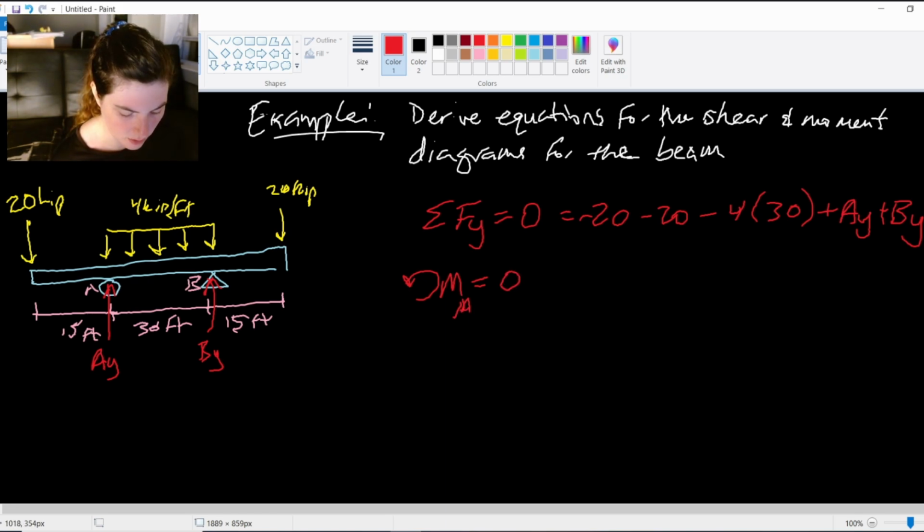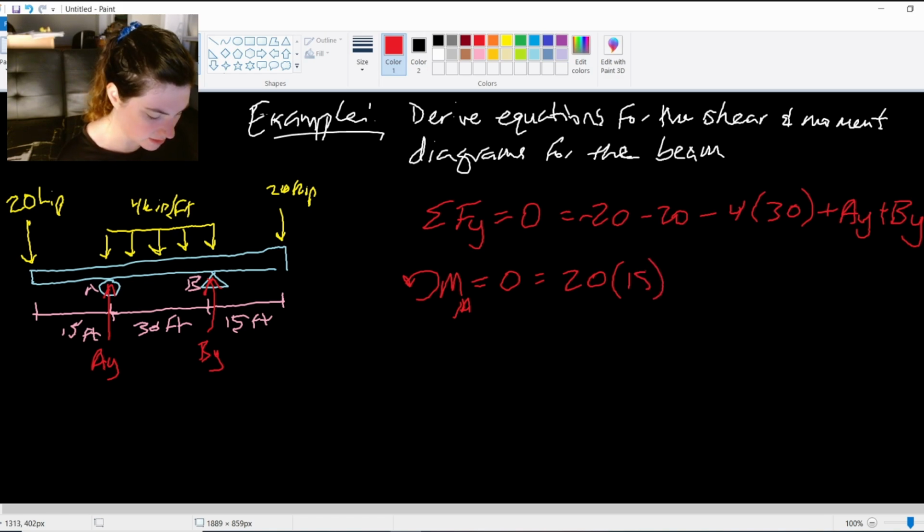Moment about A equals 0 is going to be, starting at the far left, I have that 20 kip that is positive because it's creating counterclockwise moment. 20 times 15 is its distance away from A. And then I have this simplified distributed force, right? If I simplify this distributed force, it would be 4 times 30. So 120 kips located halfway between these two at 15 feet.